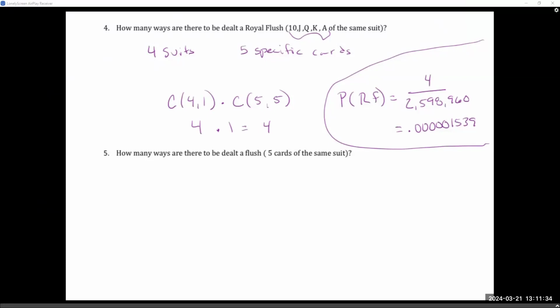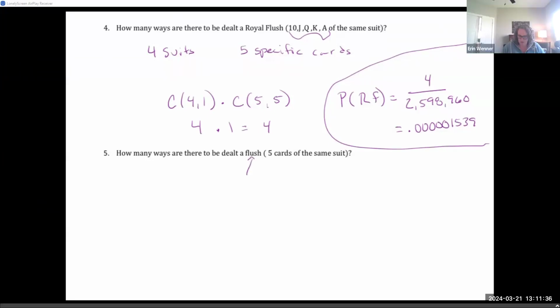So the flush tells us we want 1 suit, which in the problem above, we found by doing the combination of 4 suits choosing 1. So that piece we've got the same.